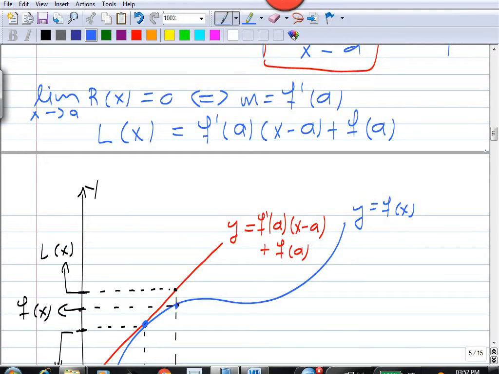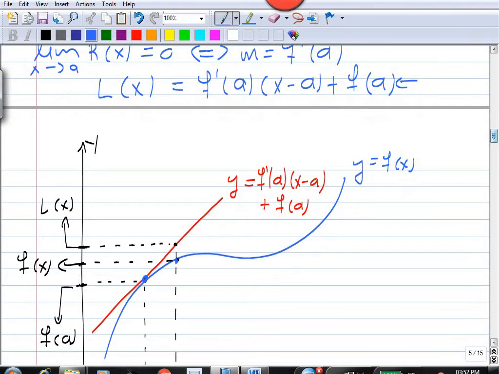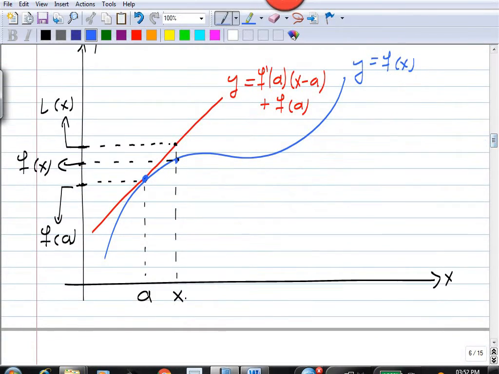And this we should recognize. This is just the tangent line to the curve y is f of x at the point x equals a, y is f of a. And here we've got a sketch. So here we've got the curve y is f of x, and here we've drawn the tangent line. And we see there's a, you can read off, there's f of a.